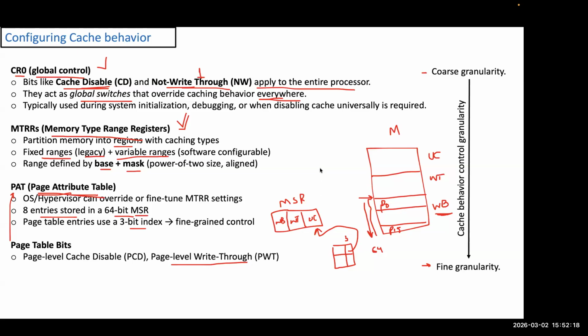For example, if you have an array of 1,000 elements and you are accessing each element 10 times in a sequence, maybe repeatedly incrementing it or doing some operation, then if there is no caching, every time in those 10 accesses you will need to go down to the memory and access the data from the memory. So it will drastically reduce your performance.